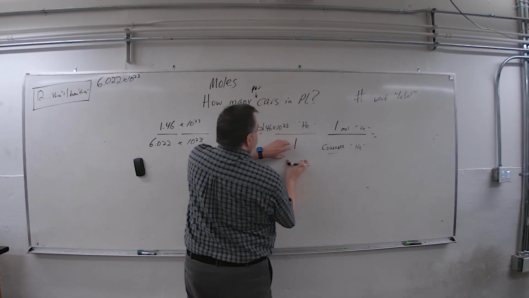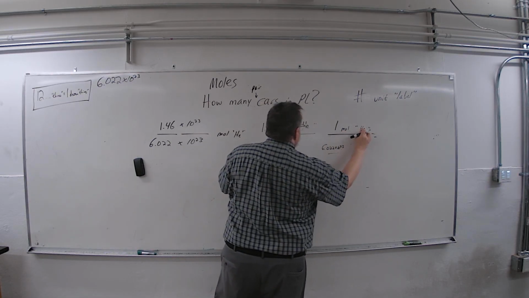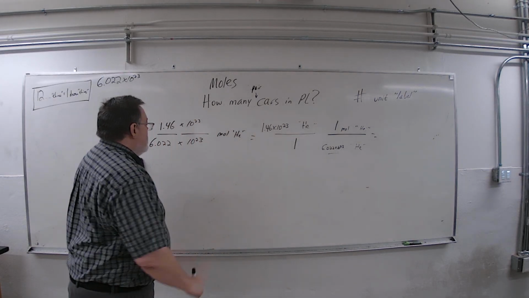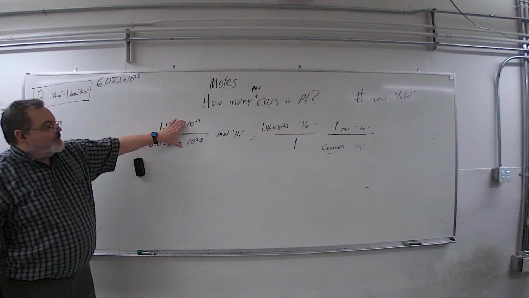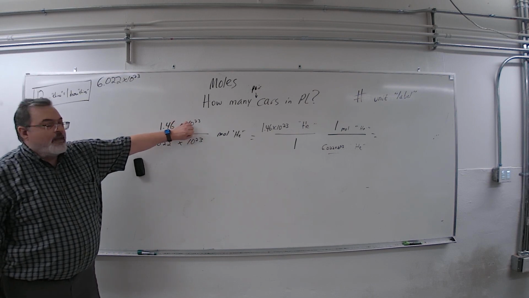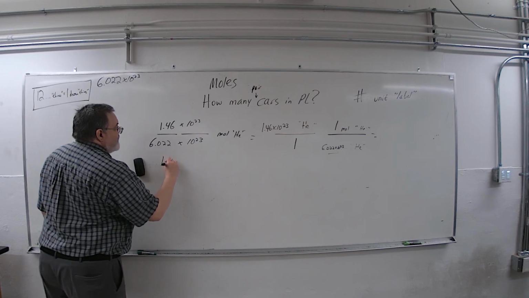So I just kind of dropped these ones. I shifted this under here. I went ahead and canceled these. And I was left with moles of helium. And if it's me, I would just inspect this. These have the same power of 10, so that's just going to collapse to 1. So that just goes away.